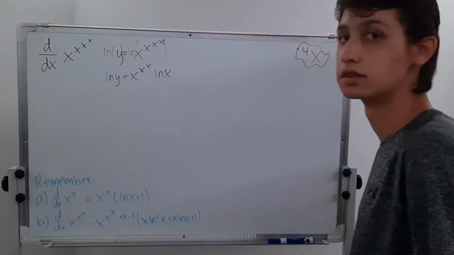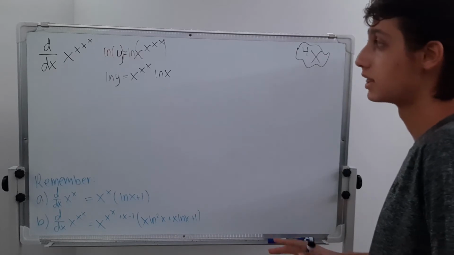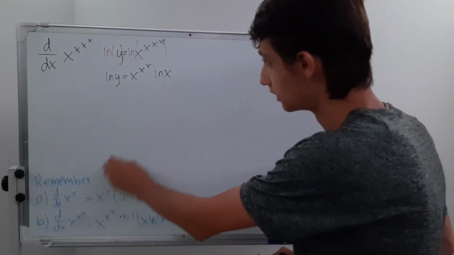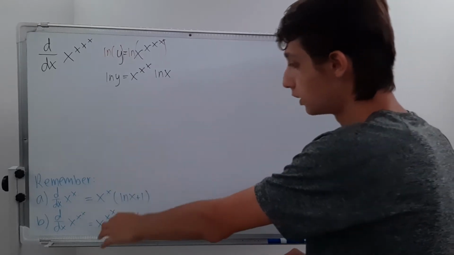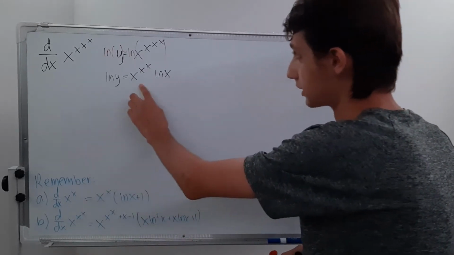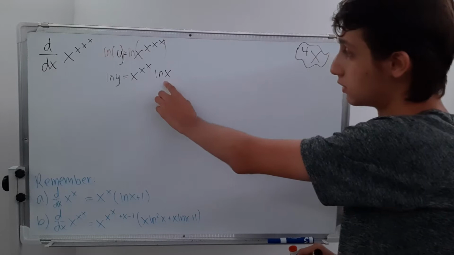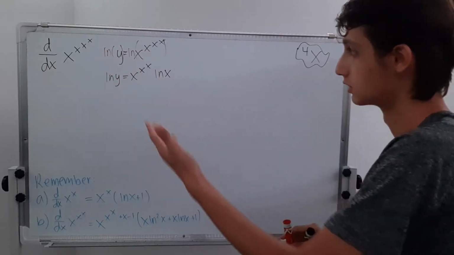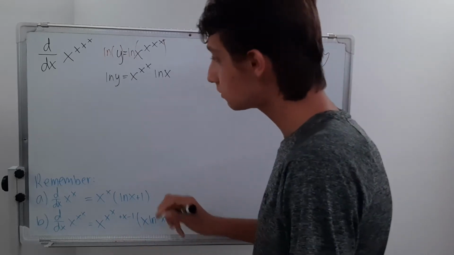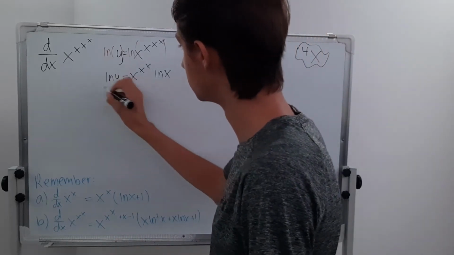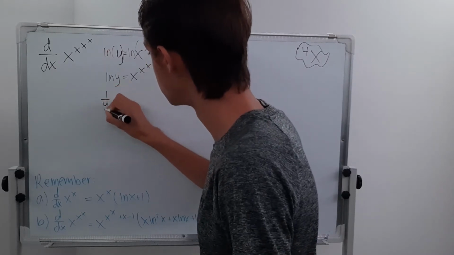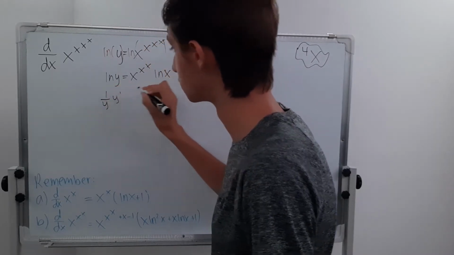And this brings us to our first method, because right off the bat you can notice that this is just the product rule, and we already know what the derivative of x to the x to the x is, and we know the derivative of ln x is 1 over x. So we know both of these derivatives, so we can do this right now. Since it's implicit, we have 1 over y times dy/dx, or just y prime.